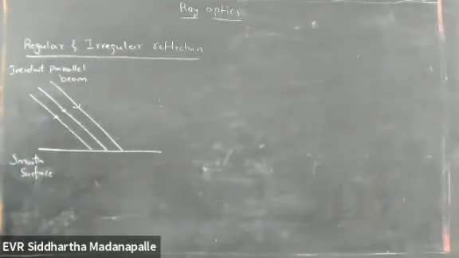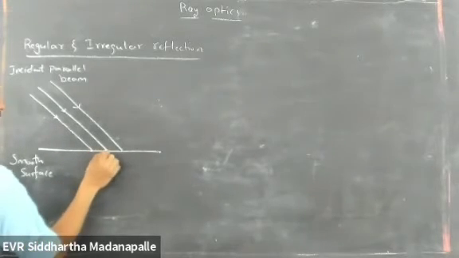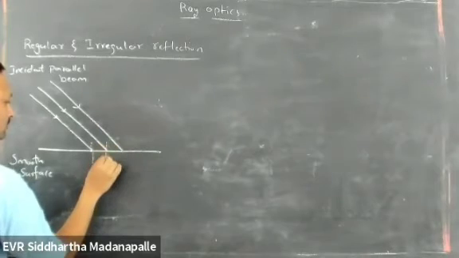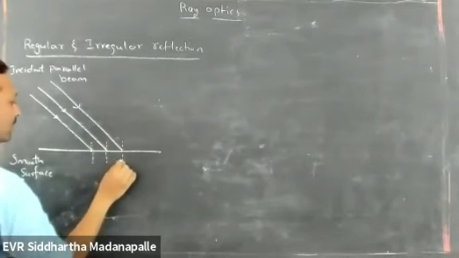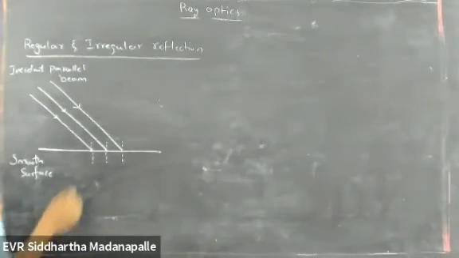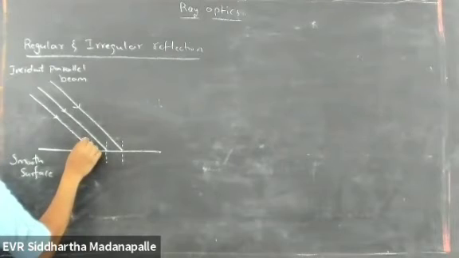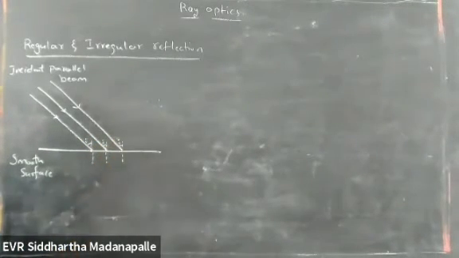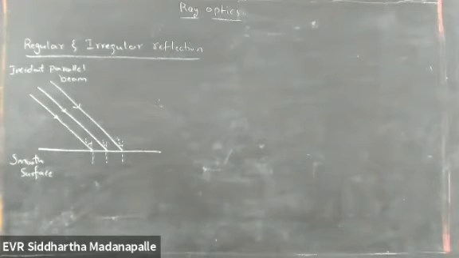Since I am taking a number of rays here, you have to call it a beam. Now, at every point of incidence, the angle of incidence is equal to the angle of reflection. Whatever angle of incidence we take here, here also the same angle of incidence, and here also the same angle of incidence.